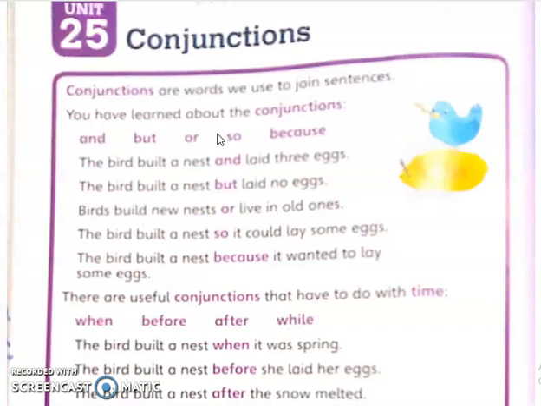So here are given some mixed-up conjunctions. You have learned about the conjunctions and, but, or, so, because. These are some conjunctions that you have already learned in grade 2. Here you will revise them and you will learn some more.